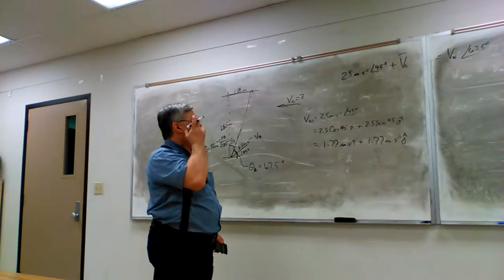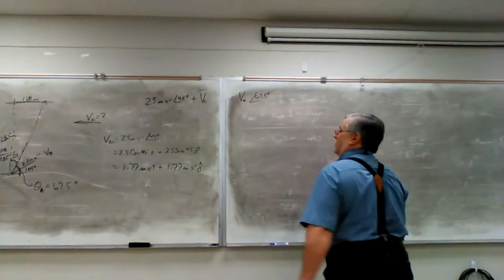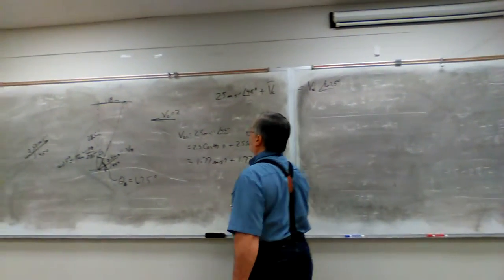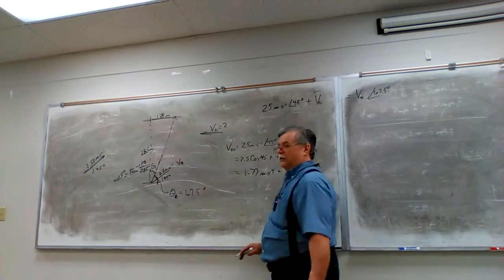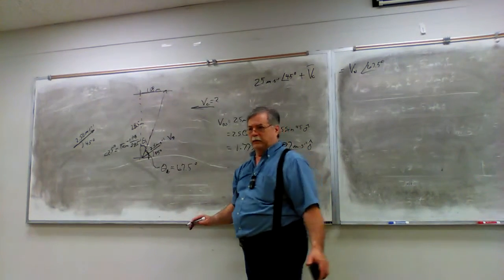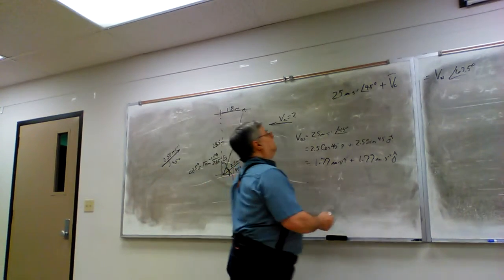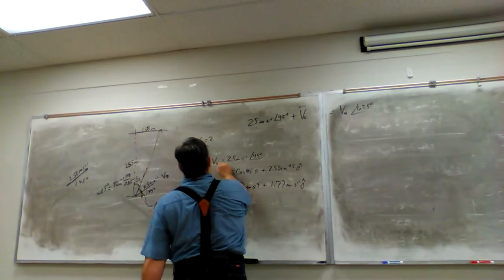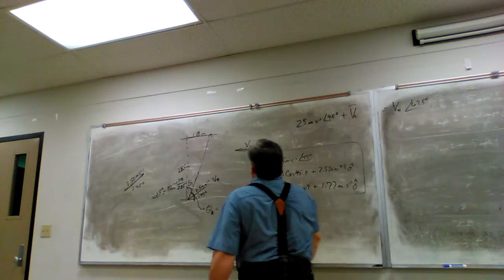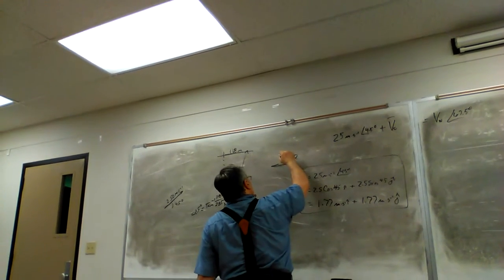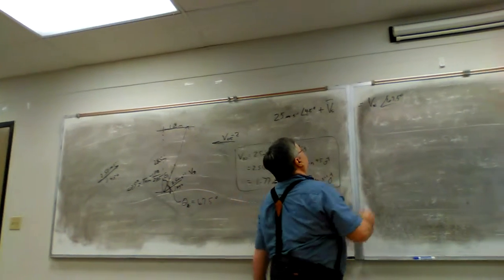Now, what do we know? Okay, just to keep things straight, let's make sure we all know which vector we're talking about. We have the vector of the boat relative to the shore, which is this right here. We have the velocity of the current relative to the shore, which is unknown.